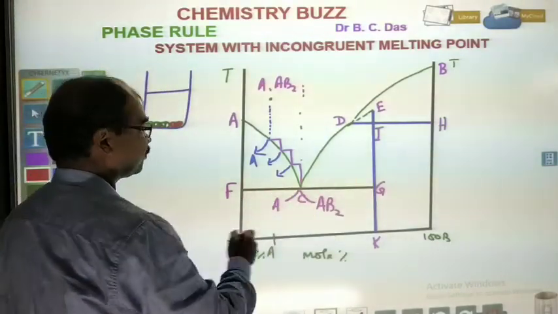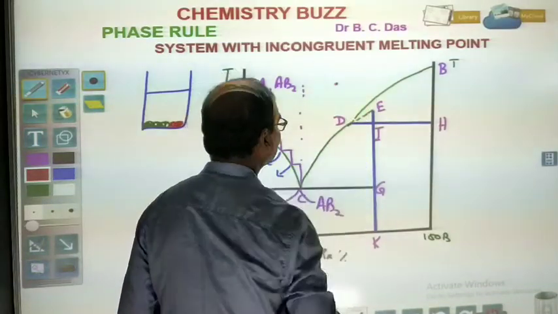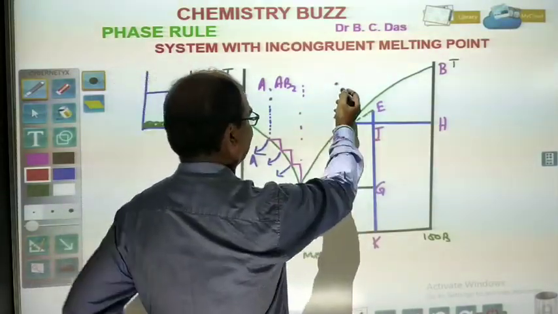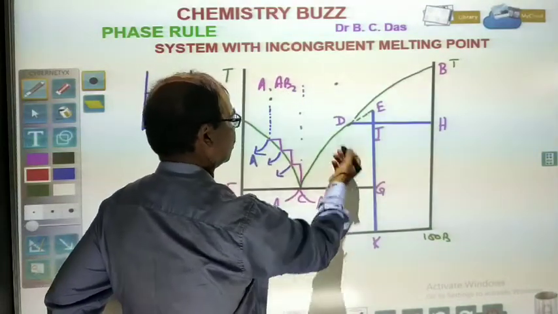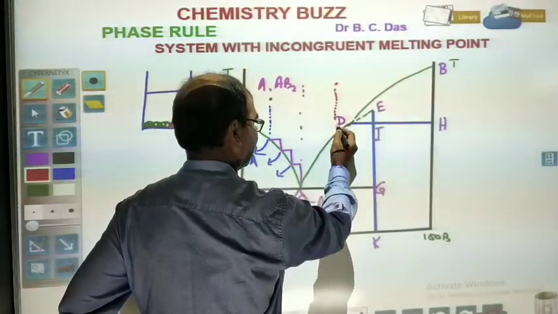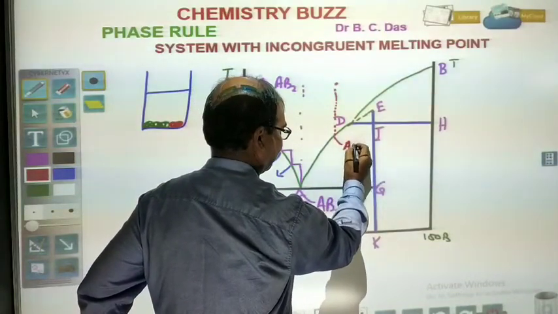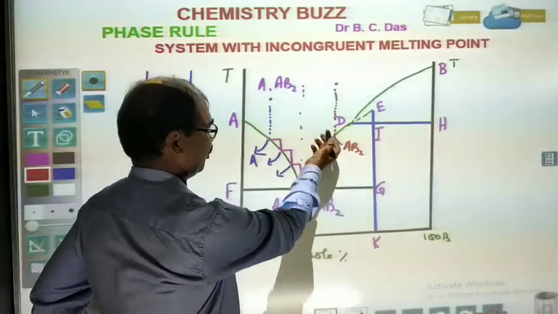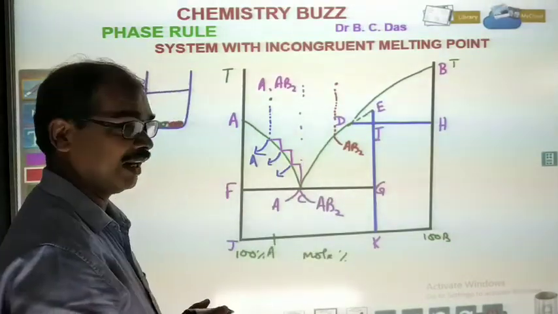Let us take the composition, say somewhere here. In the molten state there is A and AB2, also in molten state. When this is cooled, at this point you get the formation of solid AB2, and this solid AB2 is in equilibrium with the melt containing A and AB2.